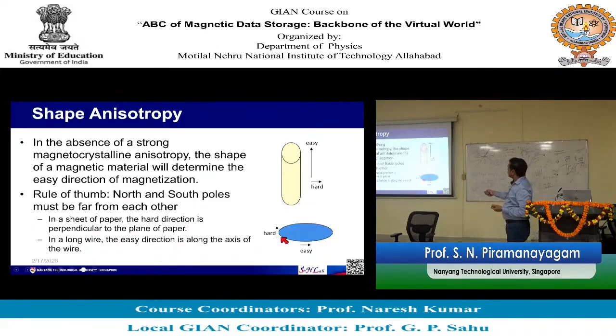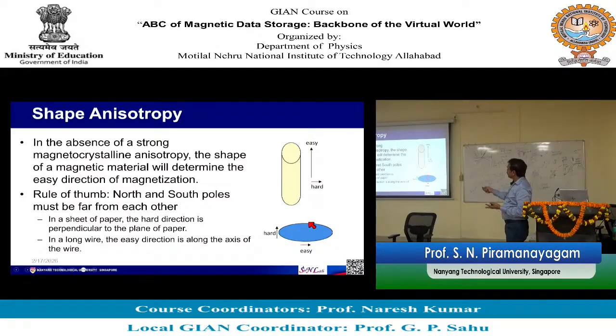So when you have an ellipse, for example, you try to magnetize along this direction. So north will be here, south is here, so they are far away from each other, so this is easy. But if you try to magnetize along this direction, north is here, south is here, they are closer to each other, so this is hard. Okay, so usually the shape anisotropy comes into picture in the absence of a strong magnetocrystalline anisotropy.